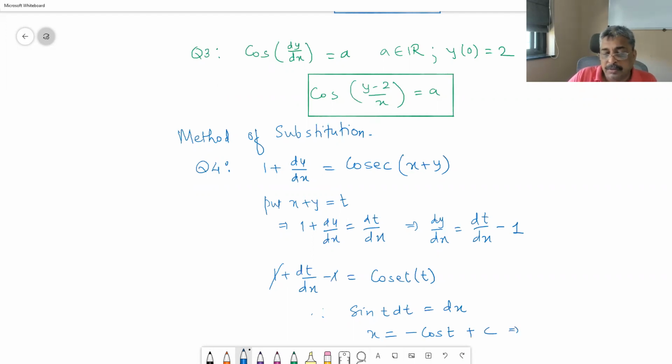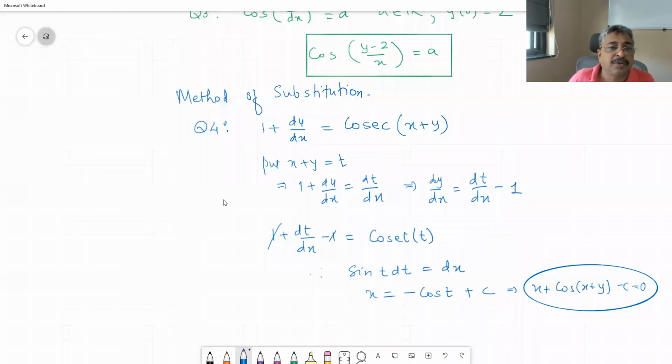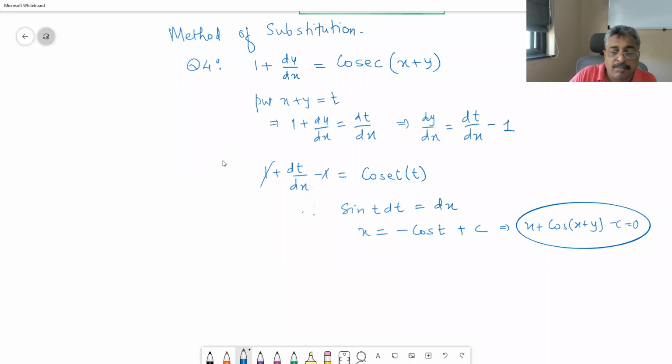That makes it x plus cos of x plus y is equal to c, or minus c is equal to 0, or plus c is equal to 0. It is a constant of integration. Problem 4. Question 5.